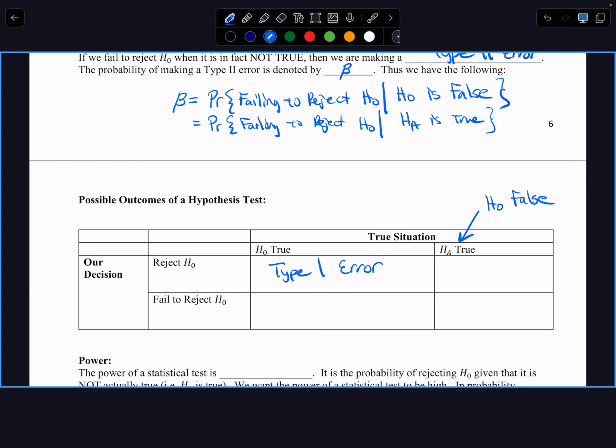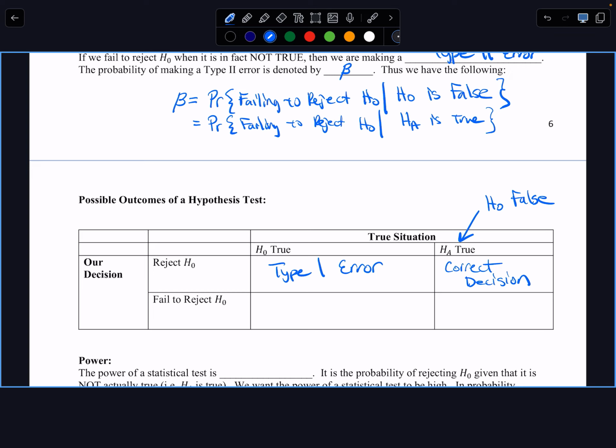If the null is false, I want to reject it. So if the null hypothesis is false and we reject the null, then we've made a correct decision. So I'm going to fill this box with correct decision. So whenever we reject the null, we're either going to have a type 1 error or we're going to make a correct decision.